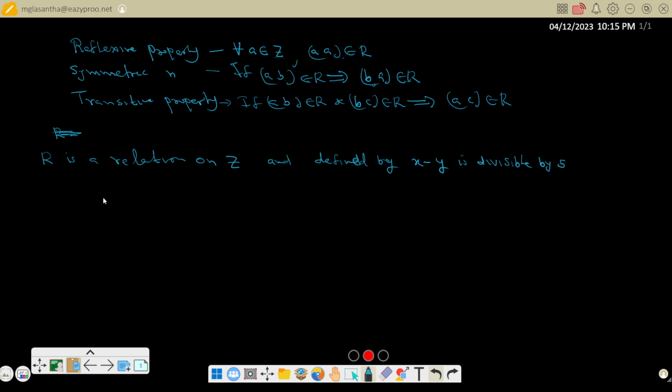A relation on Z, that means a relation from Z to Z, or a subset of Z cross Z. So that R is an equivalence relation.